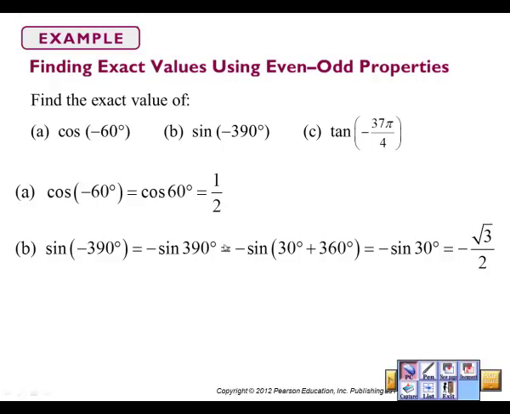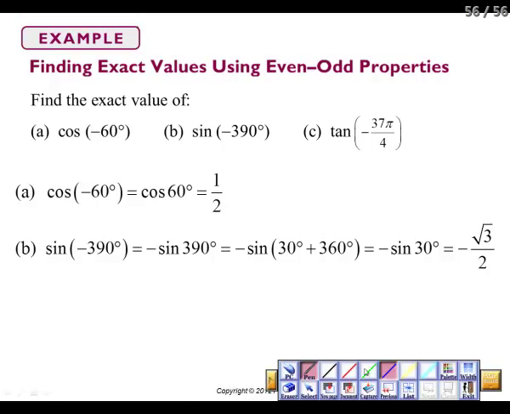390 is the same thing as 360 plus 30, since 390 minus 360 is 30. So that's where the 30 and plus 360 come in. Since 360 is a whole 360 degrees around, it goes back to where we started from.